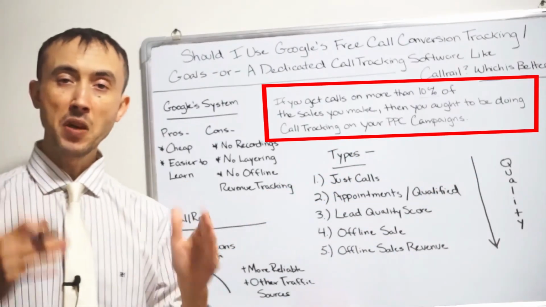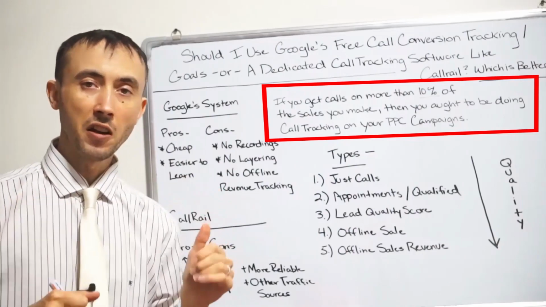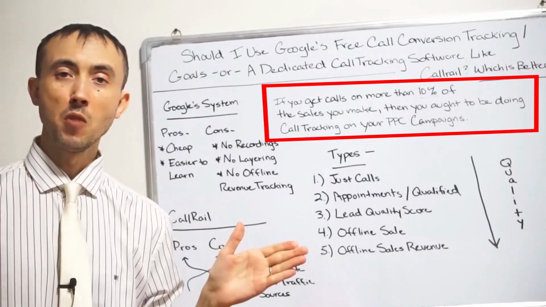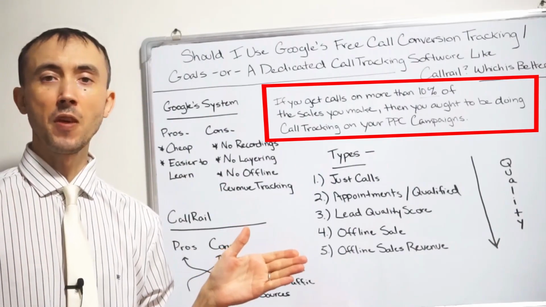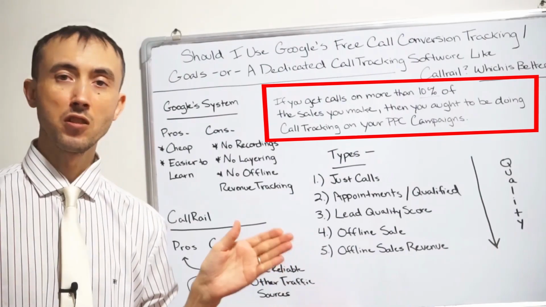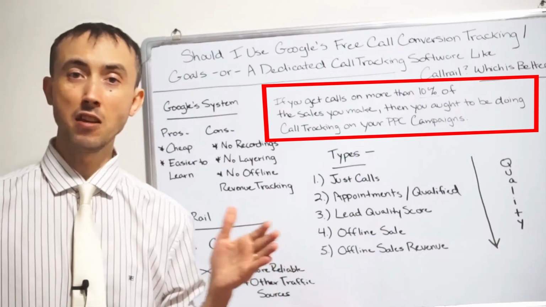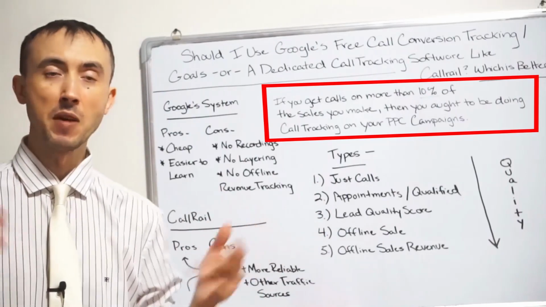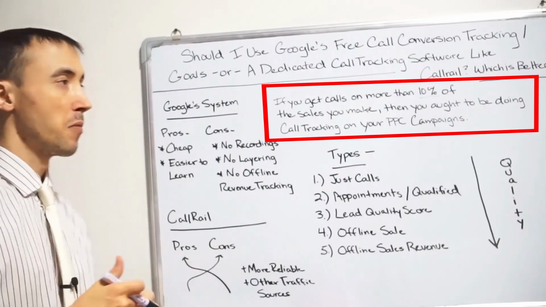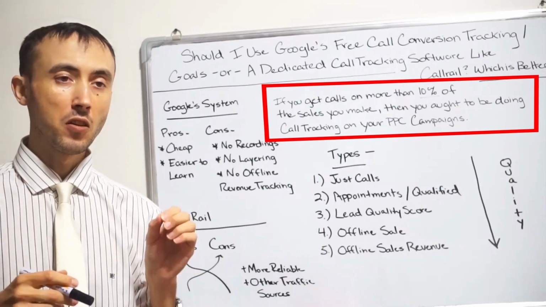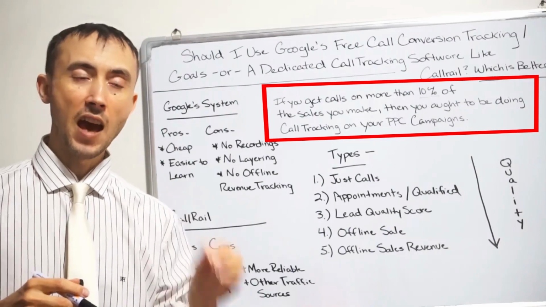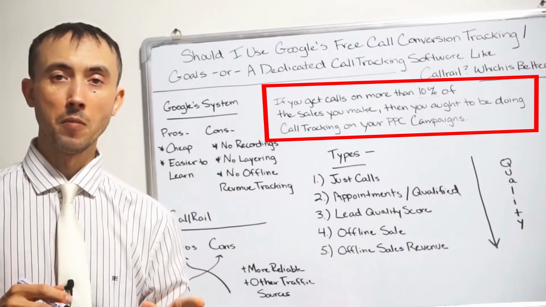Why is this? The big thing that people don't consider is, they think all call tracking is good for is to see if I'm making money or not, which, obviously, is an element of call tracking. But the bigger thing is that Google's ad system runs off of an algorithm.